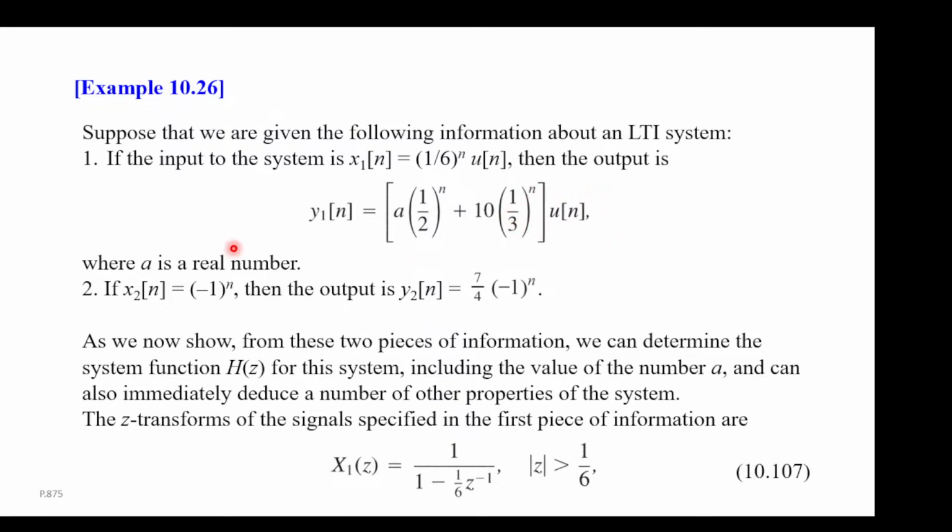And so we know this input-output pair, and we know another input-output pair. We know x2[n] = (-1)^n, then y2[n] = 7/4 (-1)^n. And we'll show that with these 2 pieces of information we can learn a lot of things.